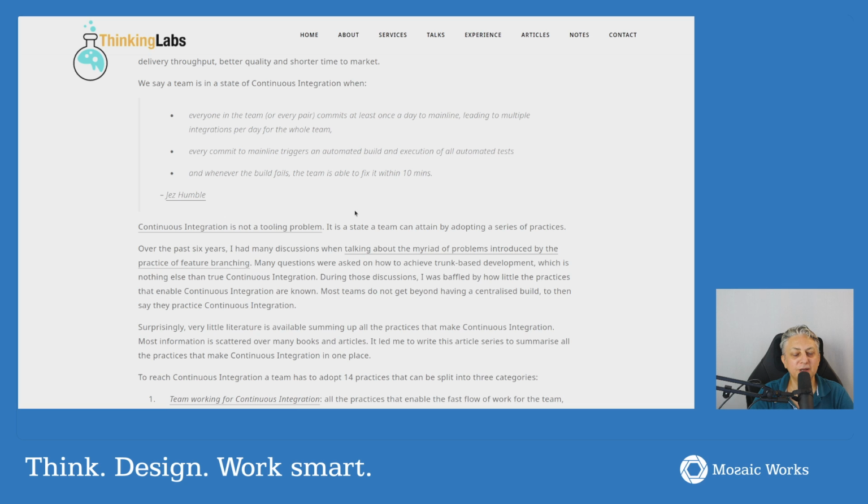The important thing is that every day there's something new on the main line. Every commit to mainline triggers an automated build and execution of all automated tests, and whenever the build fails, the team is able to fix it within 10 minutes.